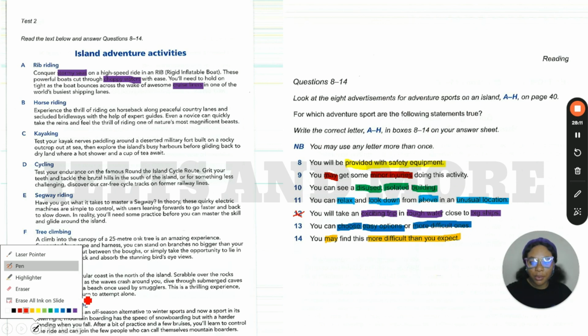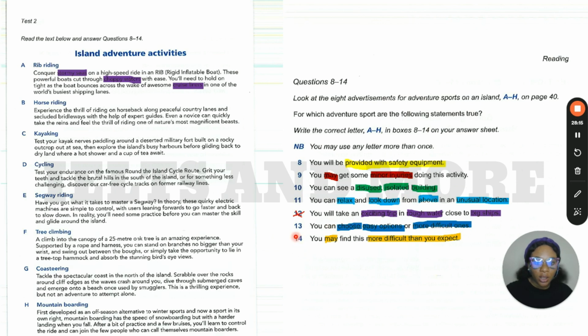Now we keep reading. B, horse riding. Experience the thrill of riding on horseback along peaceful country lanes and secluded bridleways with the help of expert guides.